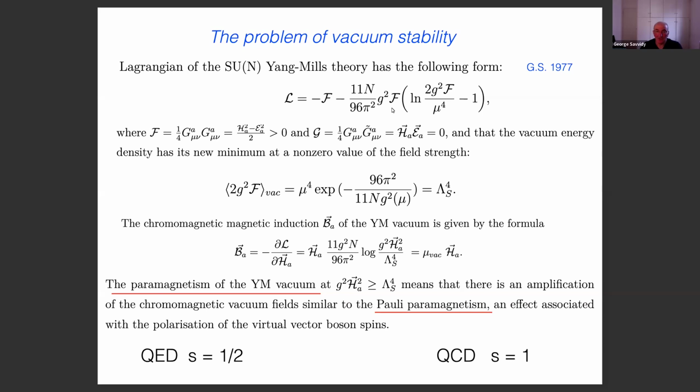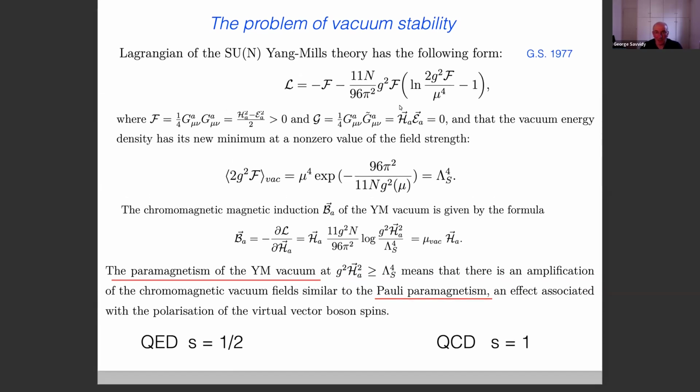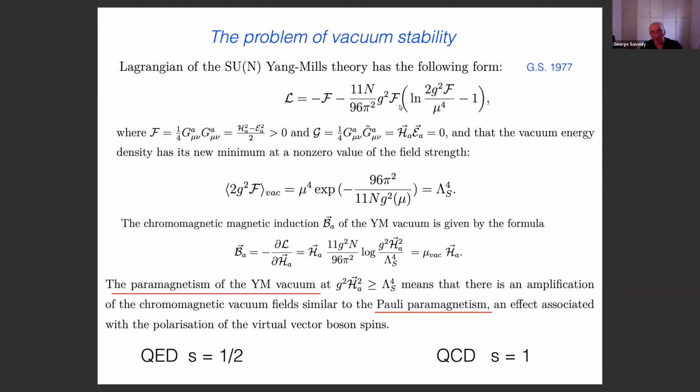And obviously, it's a well-defined expression. And you can calculate the energy. And if you draw the energy density of the vacuum states, you will see that there is a condensate of the chromomagnetic fields, because we have here, as you see, this second invariant equal to 0, and this is positive, therefore it's chromomagnetic vacuum.